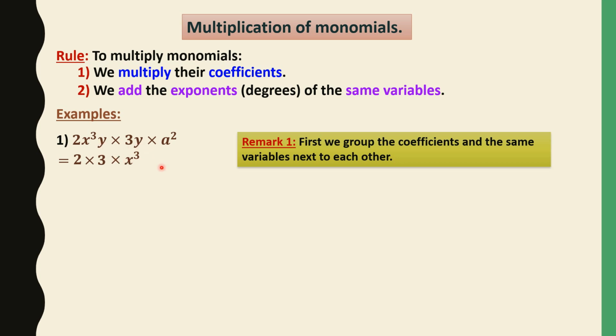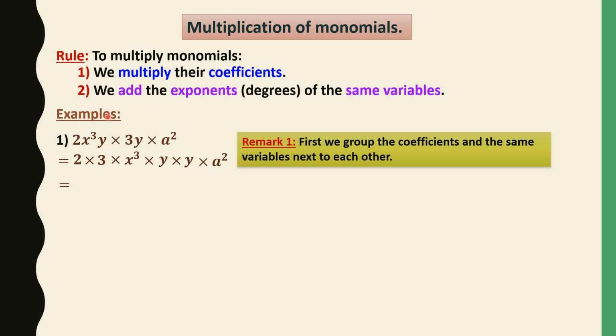We have two y's, so we write them next to each other, times y times y. And the last variable here is a of degree 2, so we copy it by itself. We don't have another variable a. A squared, we write it times a squared. So this step we do before we start multiplying the coefficients.